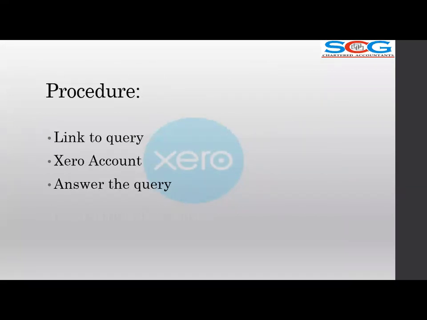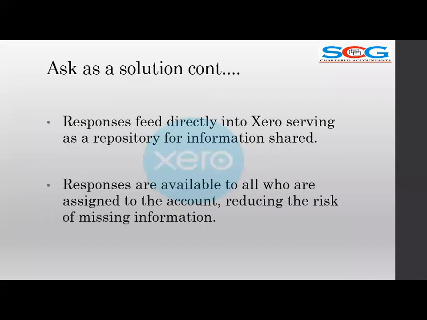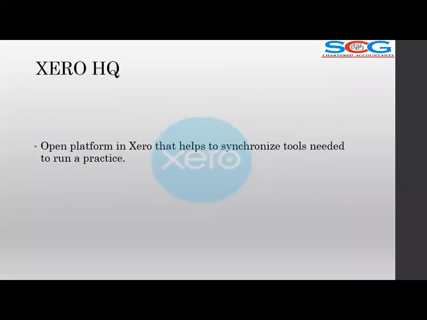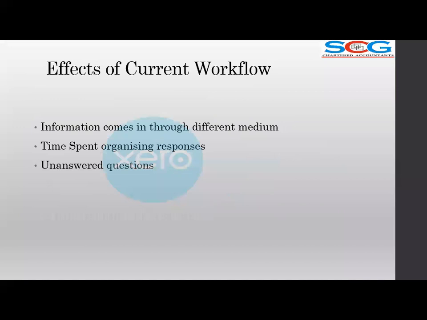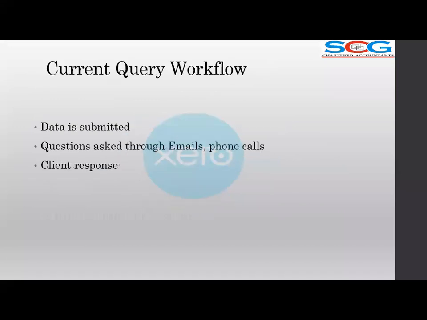So currently, what's the current query process in place? You send us data, and then we ask you questions through emails and phone calls, and then we receive your response.